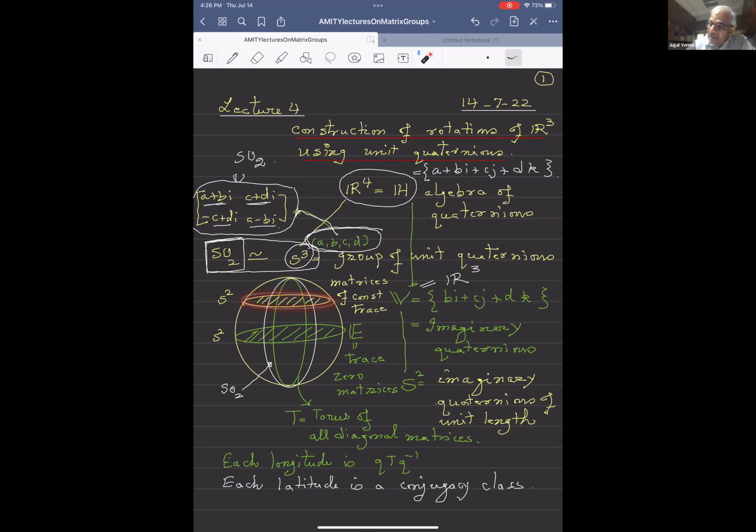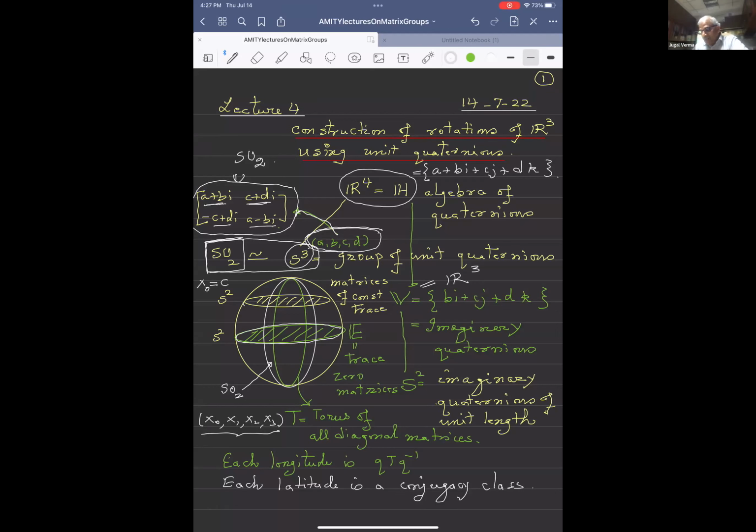Suppose I write the coordinates of an arbitrary point in R4 as x0, x1, x2, x3, and the x0 axis is the vertical axis. Take the plane with the equation x0 equal to c. So it is at height c from the equator. The equator is obtained when I put x0 equal to 0.